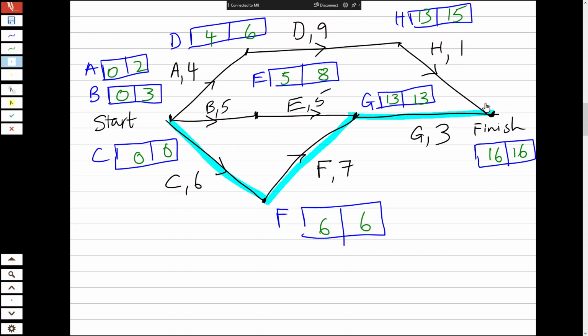So you see how I'm getting closer to doing it? Earliest starting time is 6. So that means D can start, but we don't know how long D is. That's the problem, so we need to work that out.